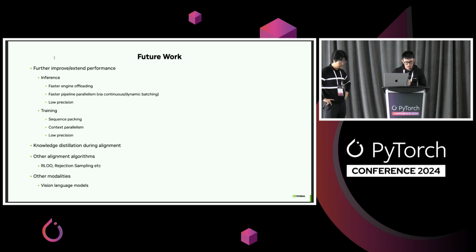And obviously, we want to further improve and extend performance. This involves, during inference, faster engine offloading, faster pipeline parallelism using dynamic batching, and more work on low precision. In training, we want to do sequence packing, context parallelism, and also more work on low precision. We also want to explore other modalities.